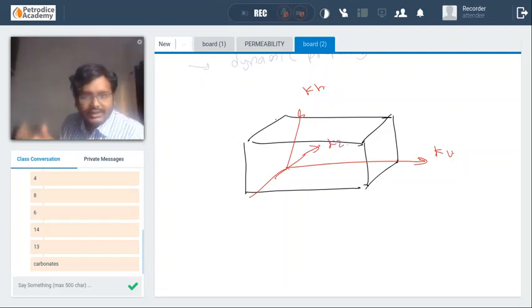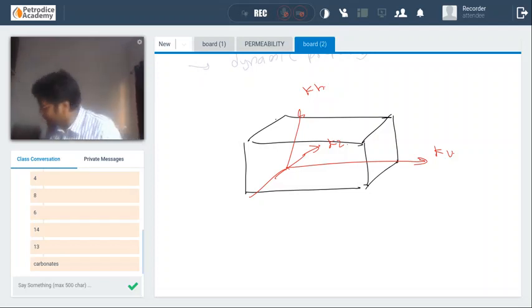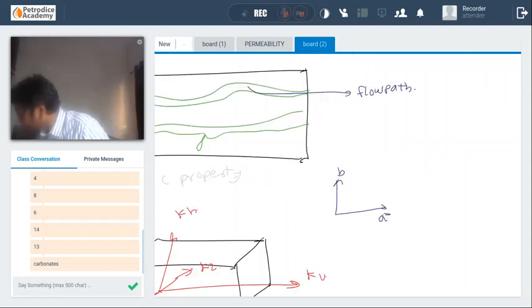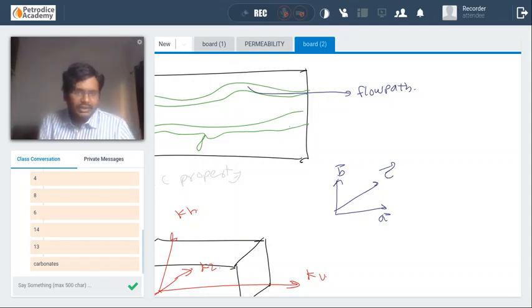Unlike in a vector, consider this is A bar and B bar, we can say a net, this is a C bar. For a particular rock, we cannot say a whole permeability. We can say the porosity for the whole rock is 30% or 20%. Similarly, for a particular rock, we cannot say permeability is 20 millidarcy or 50 millidarcy. We need to specify the direction.